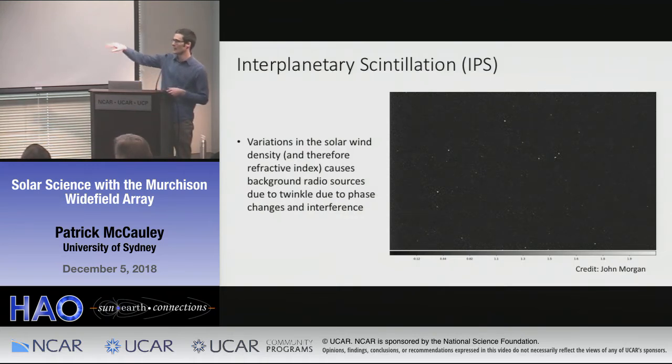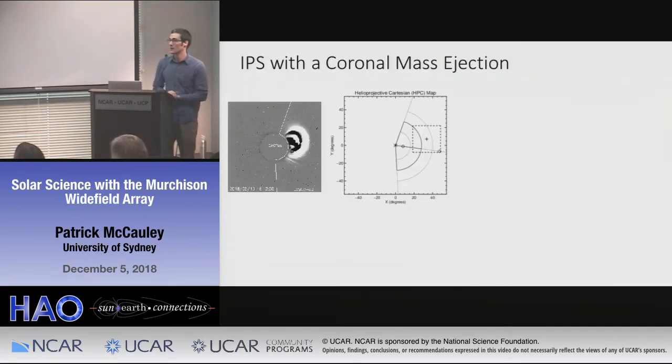So this is just a GIF animation of some radio sources twinkling as seen by the MWA. And so you can learn stuff about the solar wind speed in particular with these IPS observations, and you could potentially also see the effects of a coronal mass ejection move across your IPS field. And so that's something that we've been trying to do.